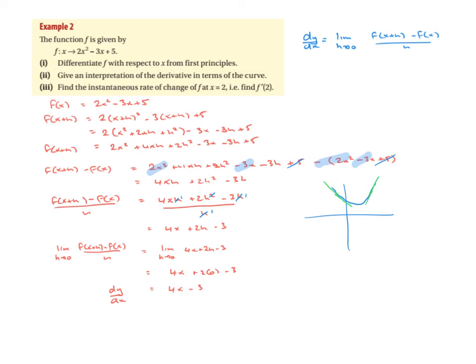Okay, so it says find the instantaneous rate of change of f at x equal to 2, i.e. find f dash 2. F dash x is exactly the same as dy dx.